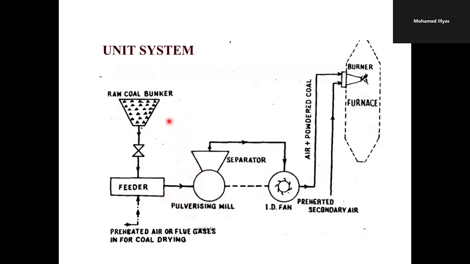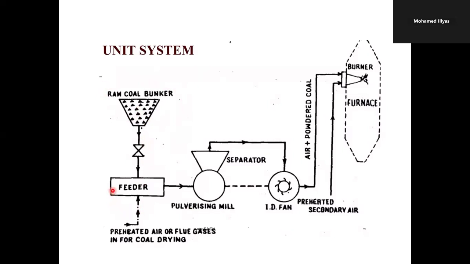This diagram shows the unit system of coal handling. The coal is stored in the raw coal bunker, which is a storage yard. The coal will be taken from this raw coal bunker and supplied to the feeder.